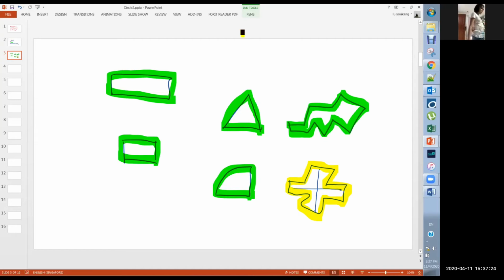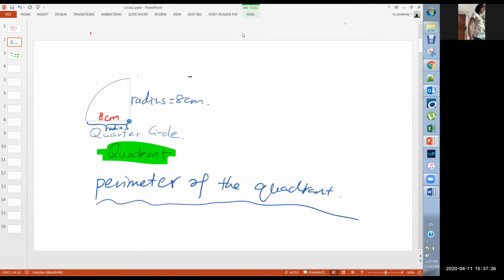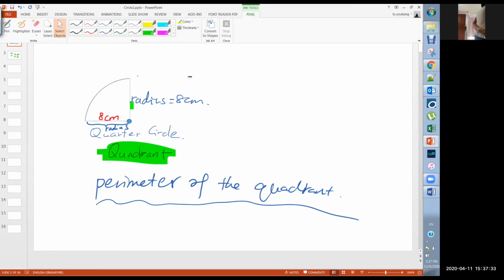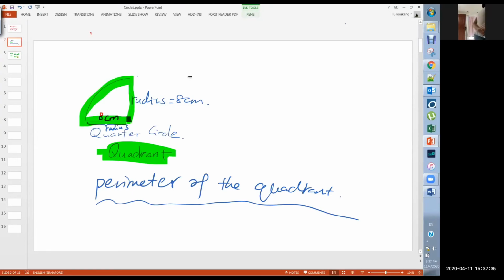So that means let's come back to this question. Which one is the perimeter of the quadrant? Starting point. Very good.